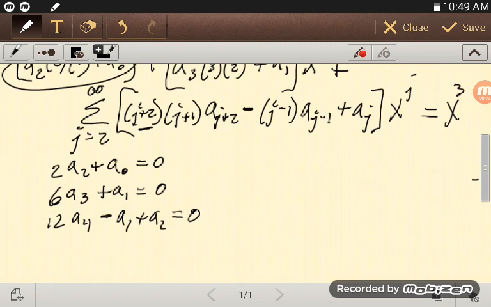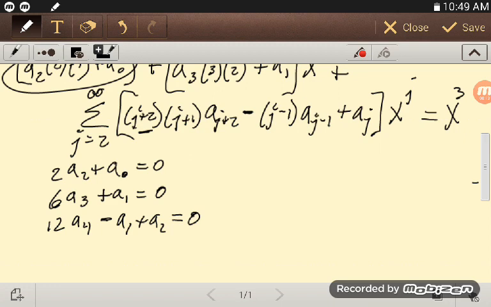Okay, because that was the x squared term. So see, here's j equals 0, j equals 1, j equals 2.